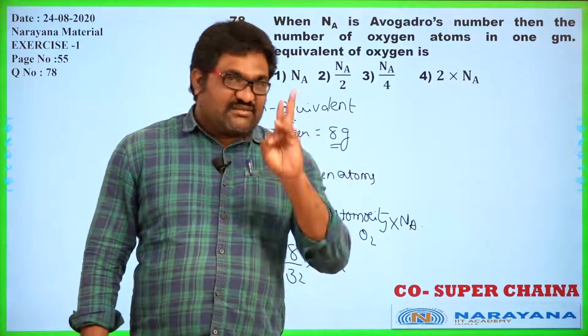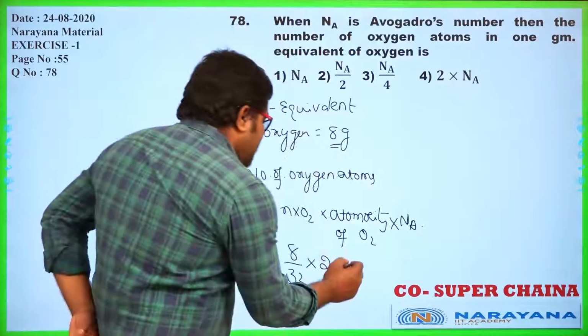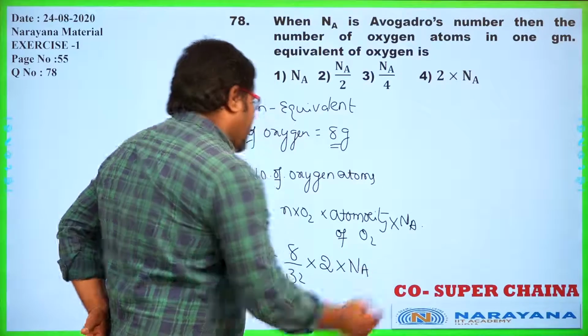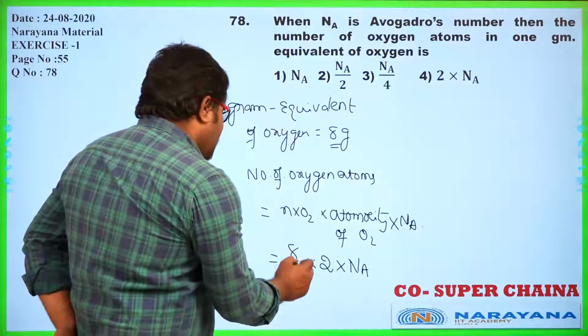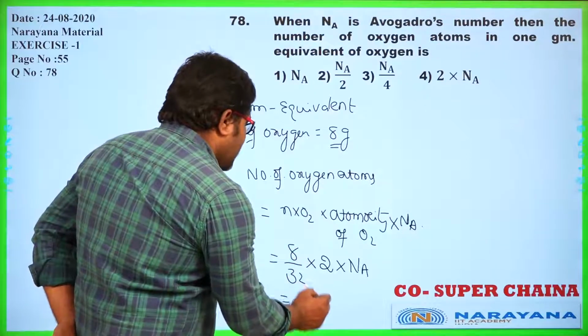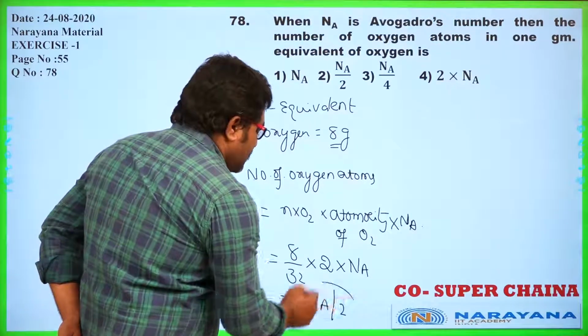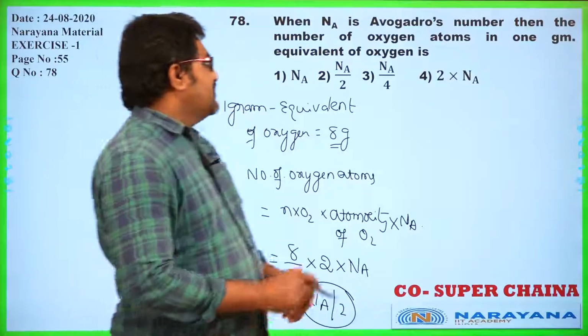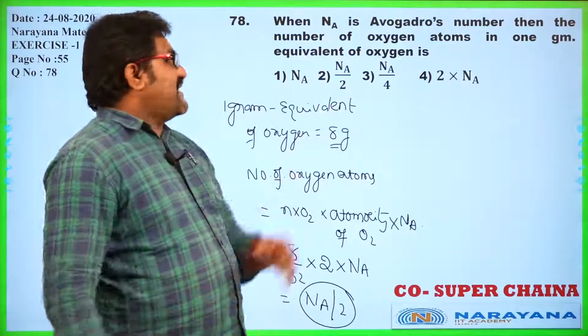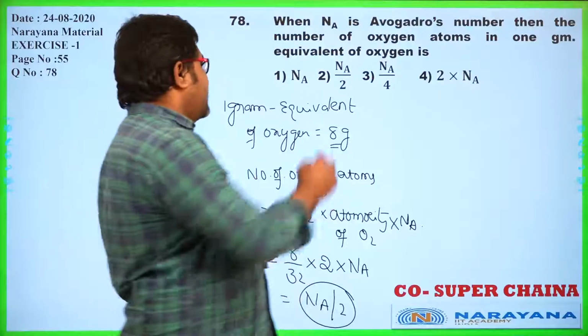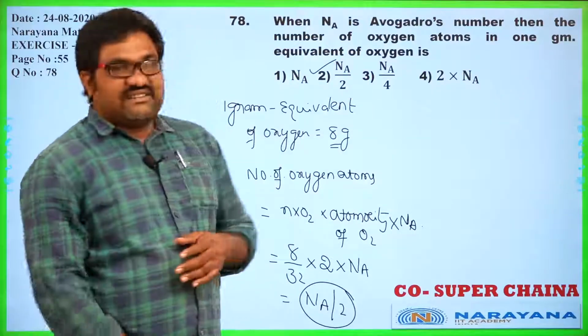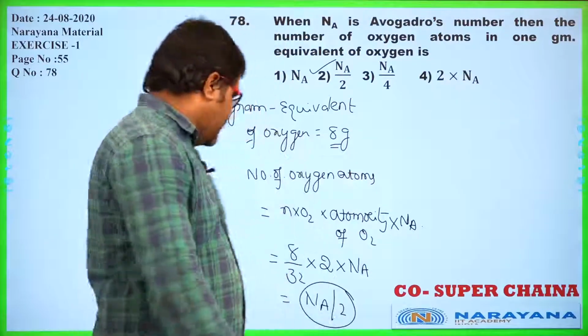And into Avogadro number. So, what is that? 8 by 32 is 1 by 4, into 2, so Na by 2. This is the number of atoms present in 1 gram equivalent of oxygen. So the answer is the second one. Okay, let us go for the next question.